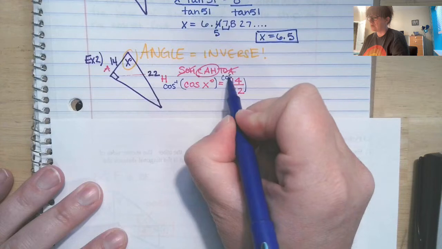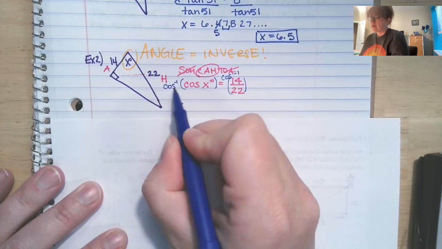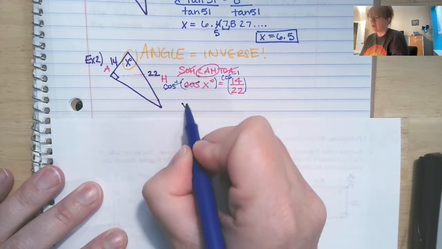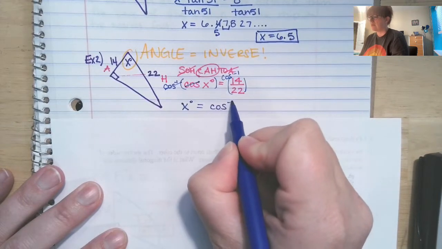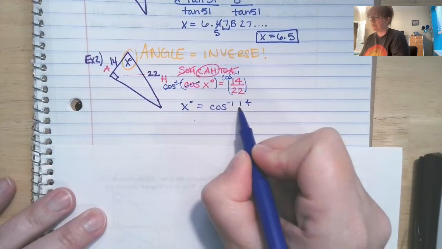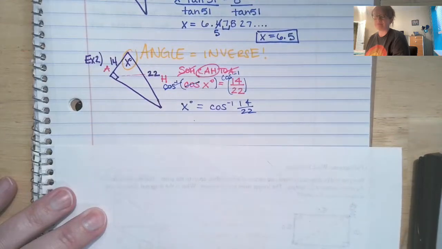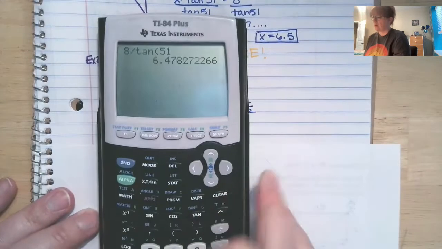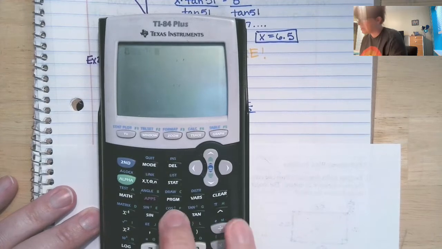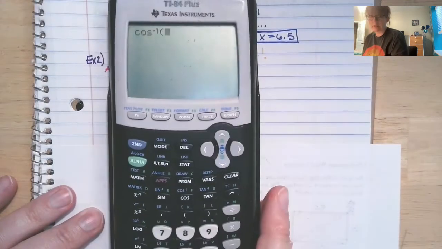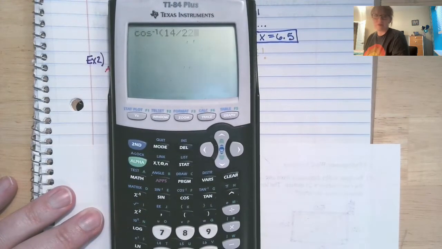Cos inverse times cos goes away. We have just x. And then we're going to say cosine inverse of 14/22. 14 divided by 22.